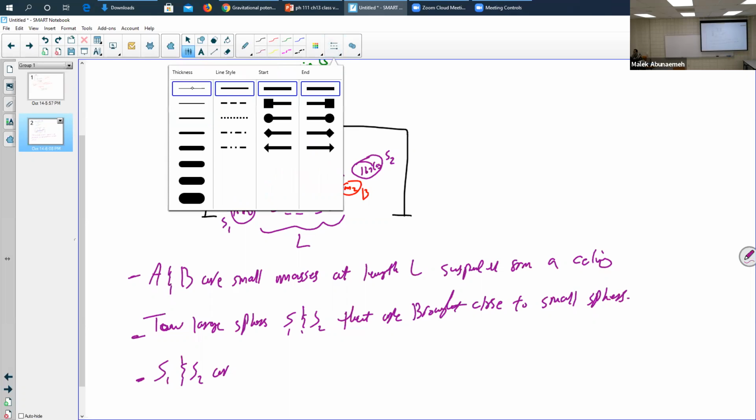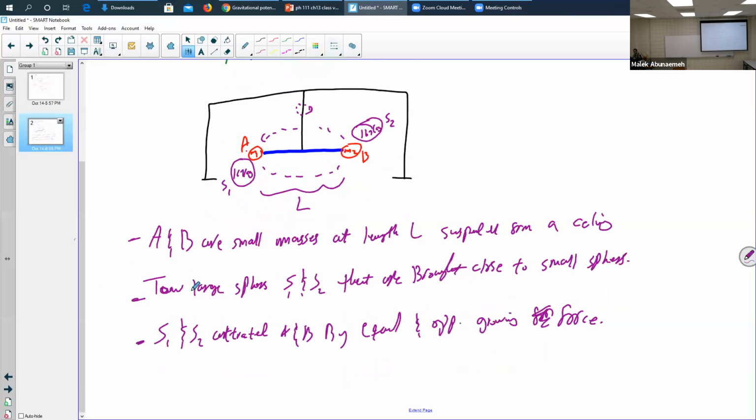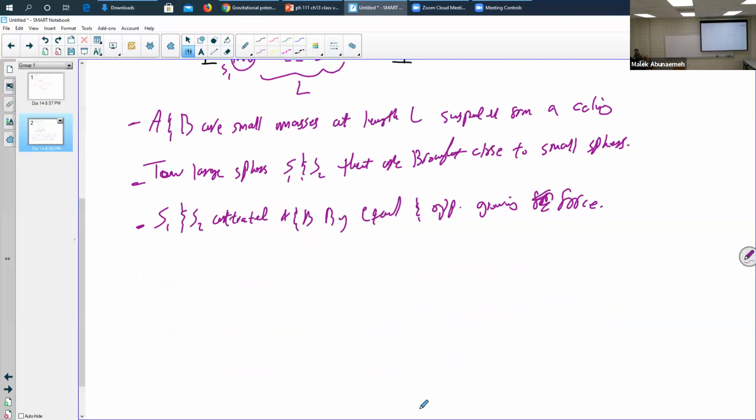So your S1 and S2 attracted A and B by equal and opposite force.